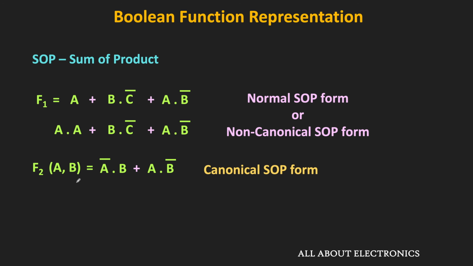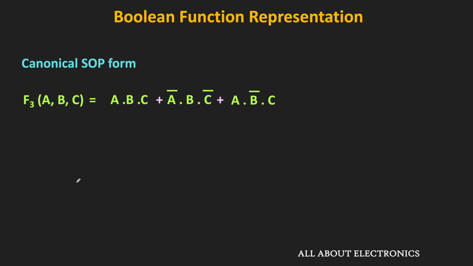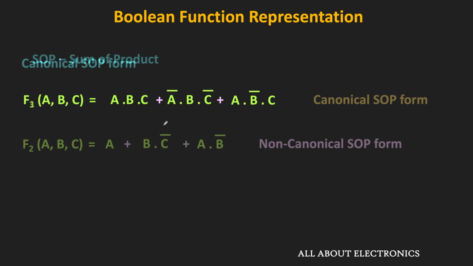Similarly, this function f3 is also in the canonical SOP form, because f3 is a function of three variables, and each product term contains all the variables of the function. So in short, the sum of product form of expression can be categorized into two types, that is canonical SOP form and non-canonical SOP form.